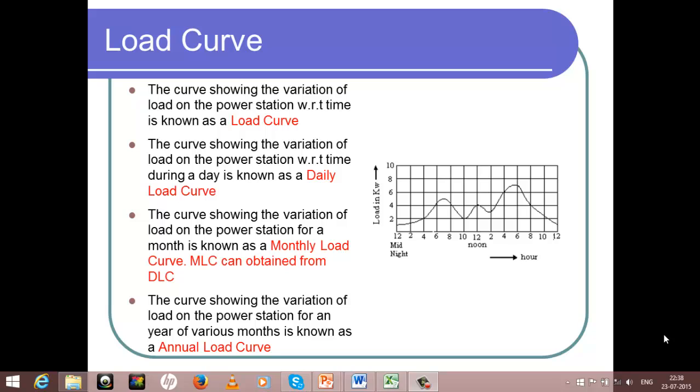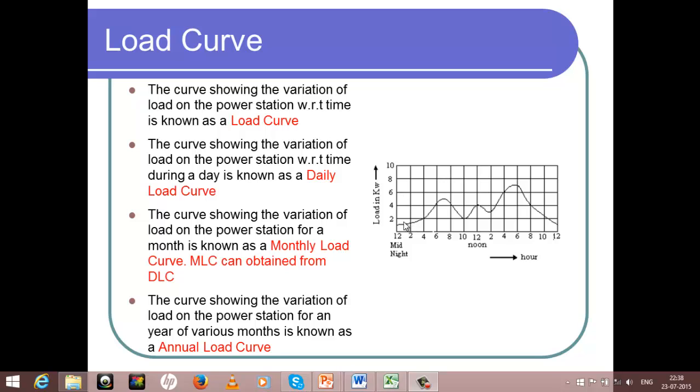Time to time we can easily observe how much variation is occurring in that particular area, or in the generating station. The figure shows, from midnight 12 to the next midnight 12 o'clock, that means 24 hours of data. Here the x-axis denotes time and the y-axis denotes power.